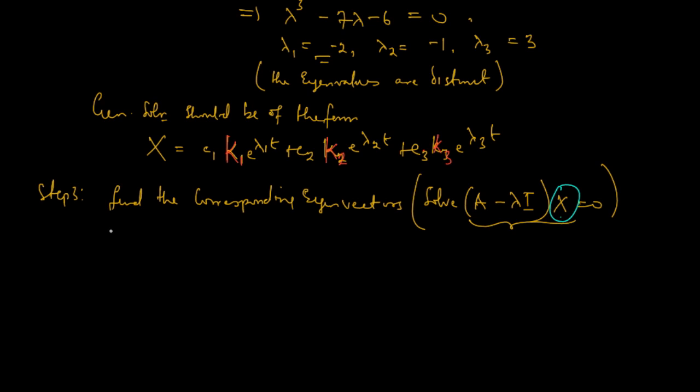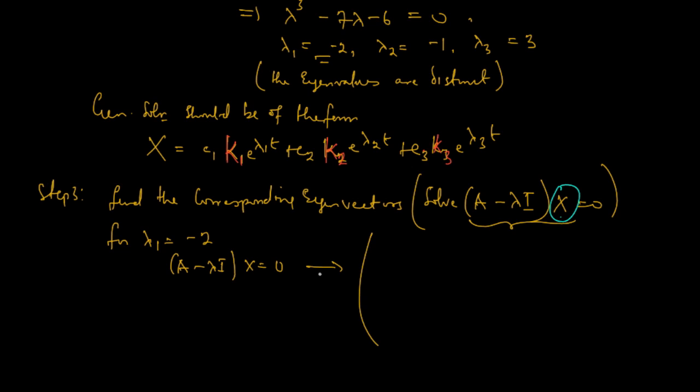Now for lambda 1 equals -2, we have (A minus lambda I) times x equals 0.